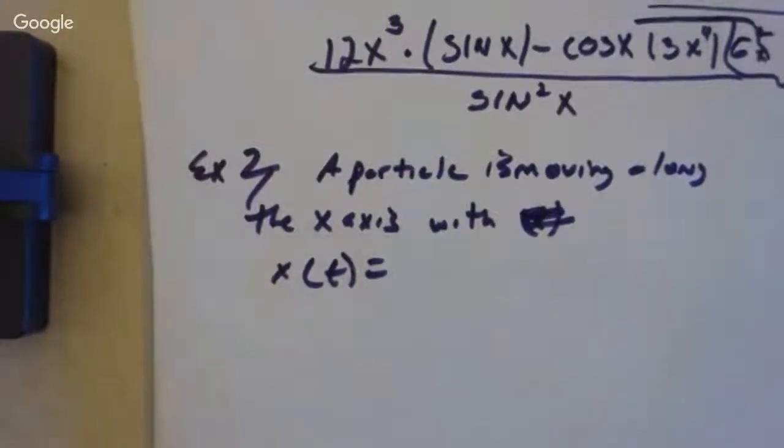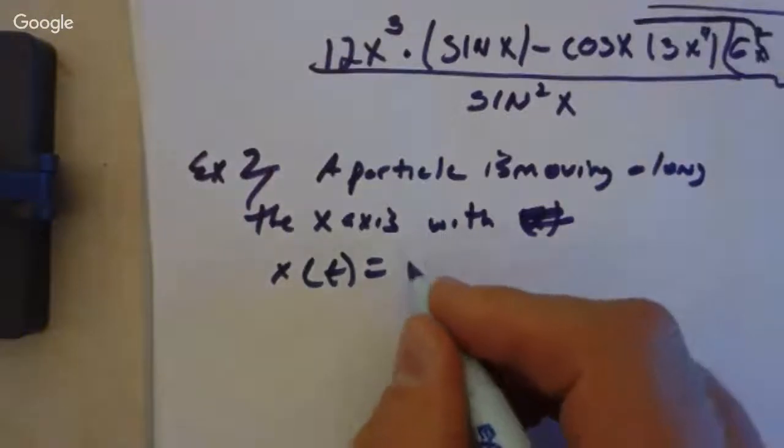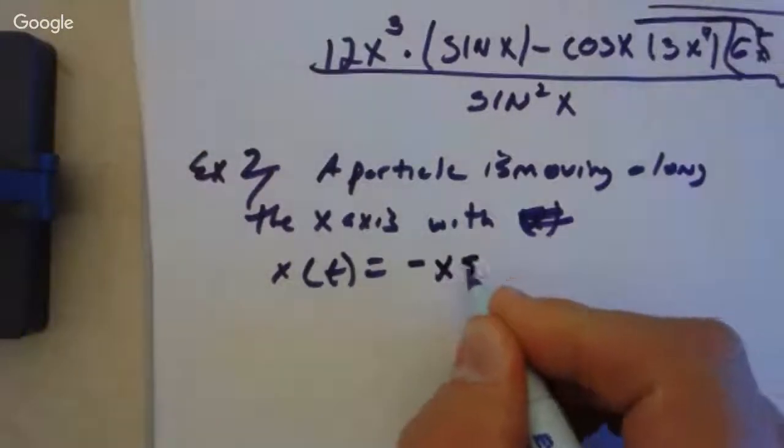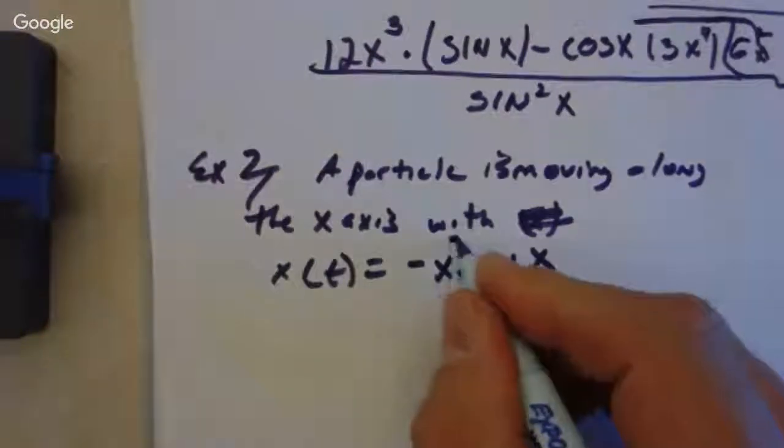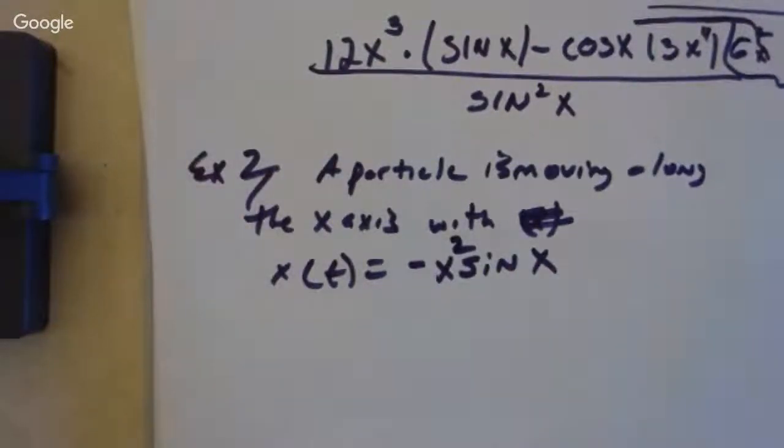Negative x sine x. Can I have it squared? No, I can't have it cubed either. I guess I could have it squared. Okay, let's go for negative x squared. Is that going to do what I want it to?